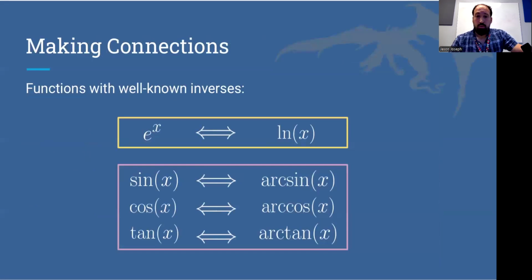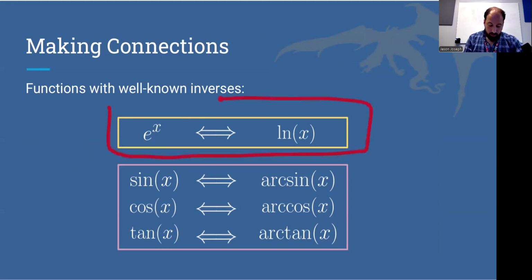All right, so let's relate this to some of the derivative formulas we already know. The one I'm really thinking of is this first one. So the definition of natural log of x is that it's the inverse of e to the x.